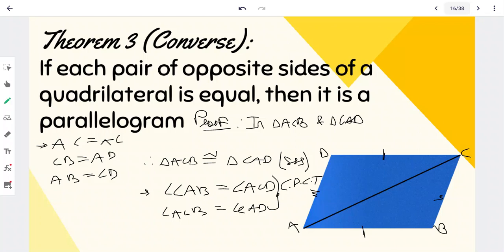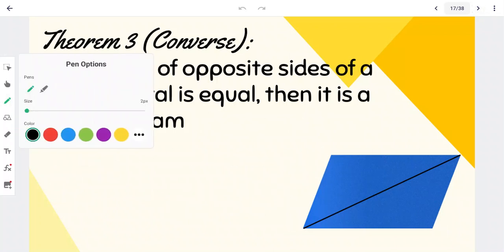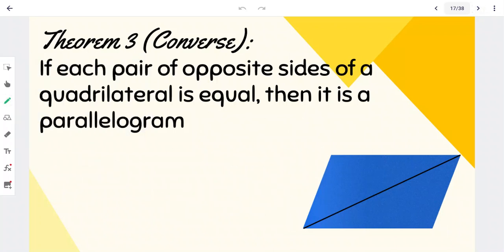Now look over here: in ABCD, the diagonal AC is intersecting AB and DC at A and C respectively. So CAB will be equal to ACD. Why? Here you can see a Z is formed, alternate interior angles.